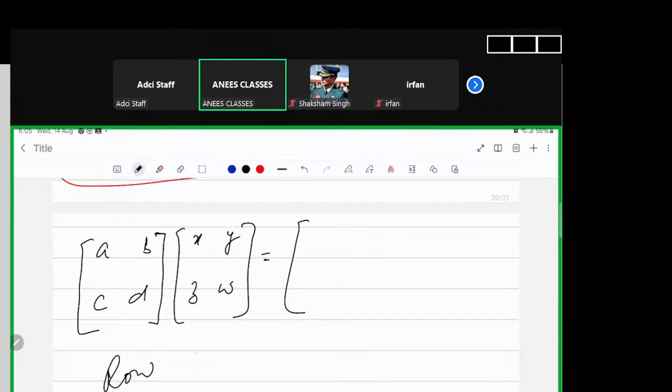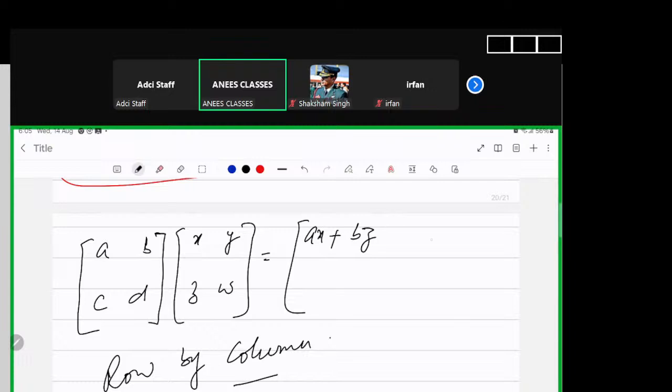Multiply row by column. So you will multiply row with column. So first row, first column will multiply A into X, plus B will multiply with Z, BZ.